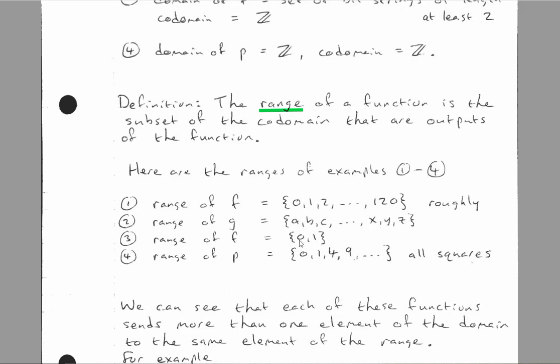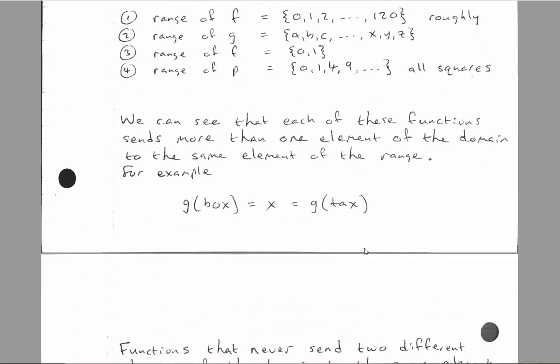The F with the bits is not onto, and P is also not onto, we're only hitting some of the integers. So G at least is onto.